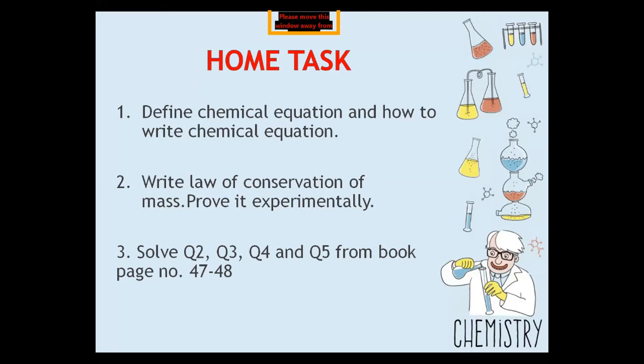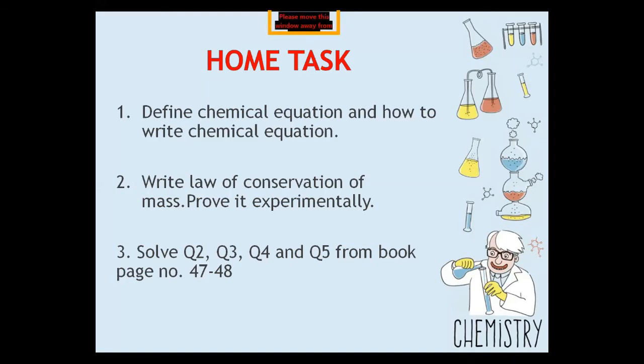In question number 3, write the chemical equations for the following reactions, and I have already explained how you will write the chemical equations of these reactions. Now, question number 4. Write equations for the following reactions. These reactions are given in word form.